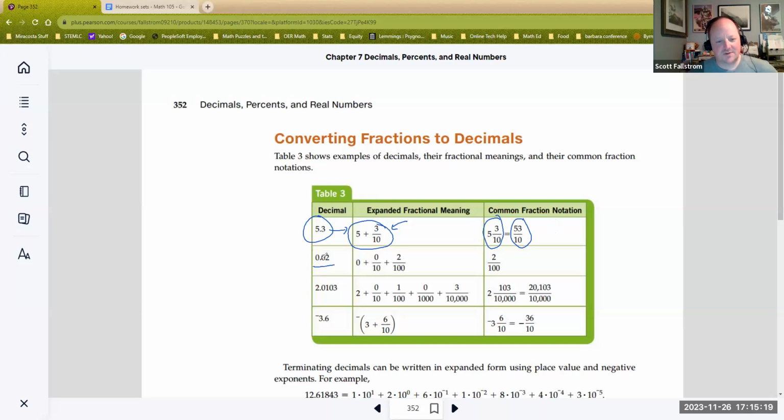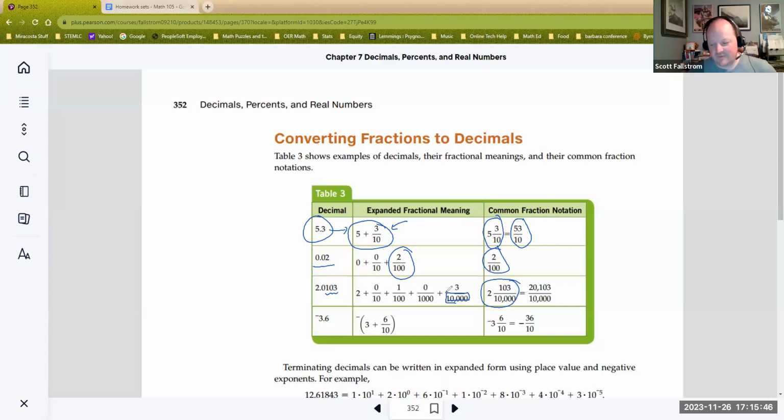If you read this one, this says 2 hundredths because I'm 2 place values in. So I would write that as 2 over 100. There's my common fraction number. Okay. 2 and 103 over 1, 2, 3, 4 zeros, which would be 10,000. So 103 10,000ths, and that would be the way I could write that fraction. So again, not too bad.